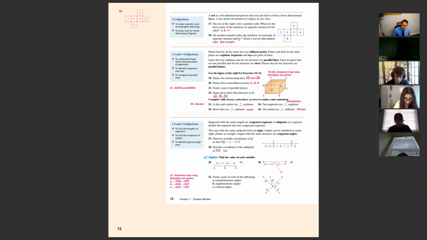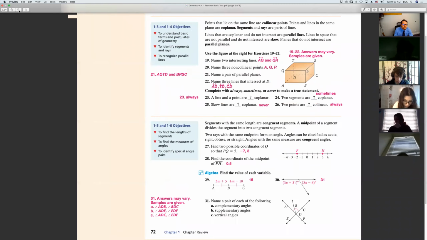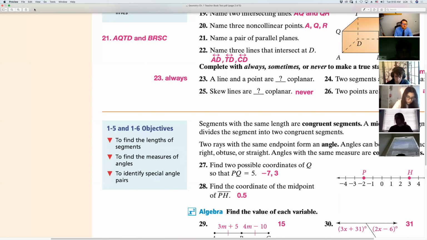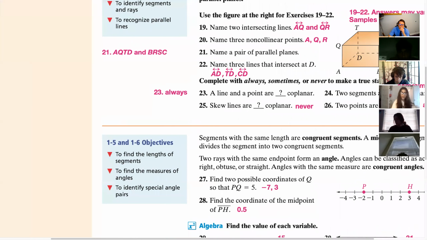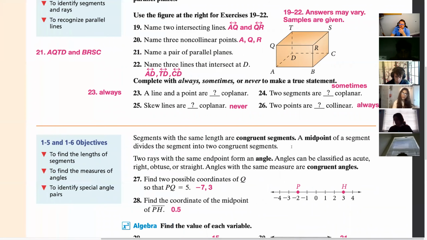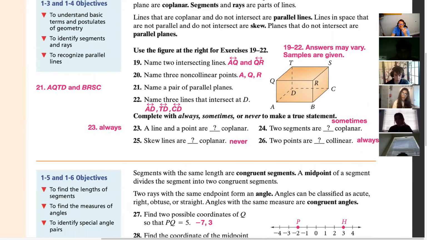For number 19 here, name 2 intersecting lines. Now the answers are right there, okay? However, you could have many different intersecting lines, okay? QT and ST, TD and AD, DC and SC, BC, SC, RB, CB, AB, RB, okay?